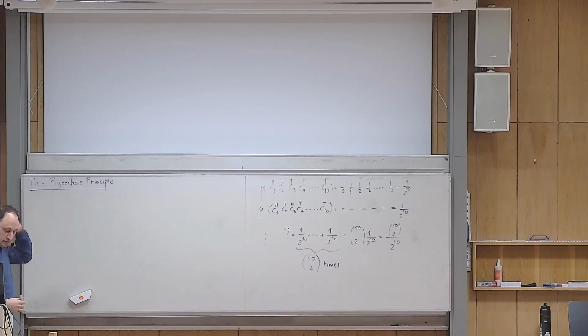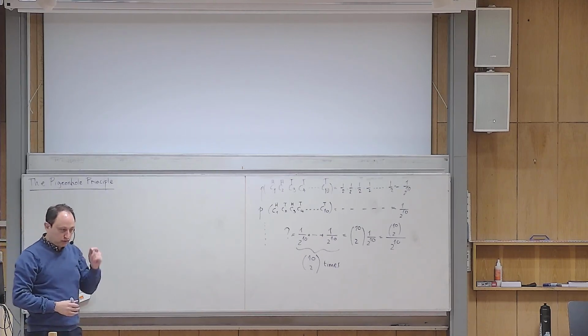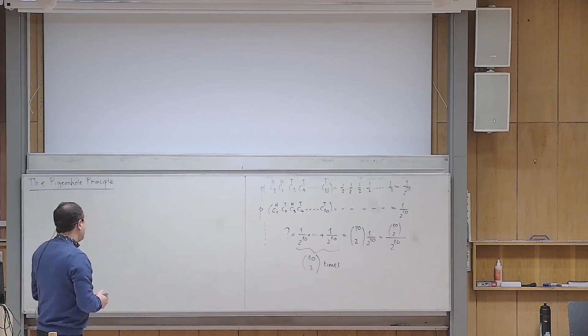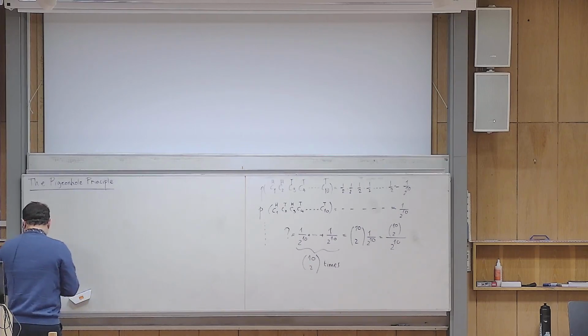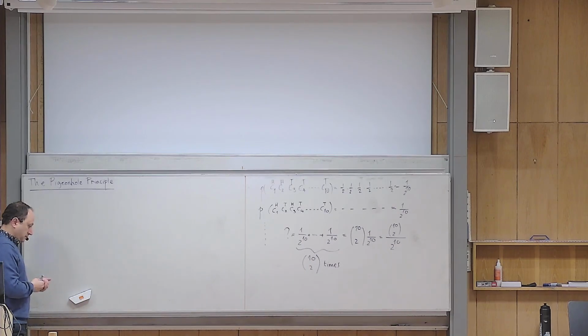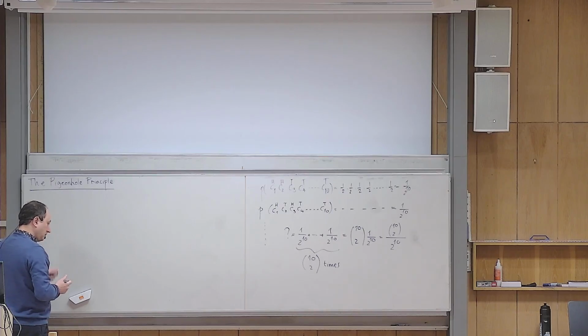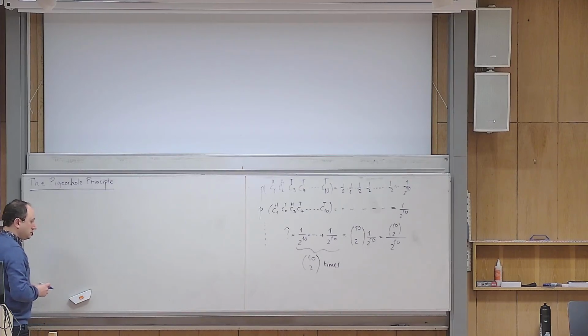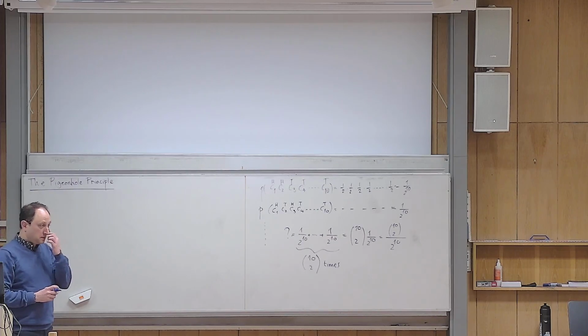So assume that this time you roll a die, and if the number that appears on the die is more than 2, you will lose.